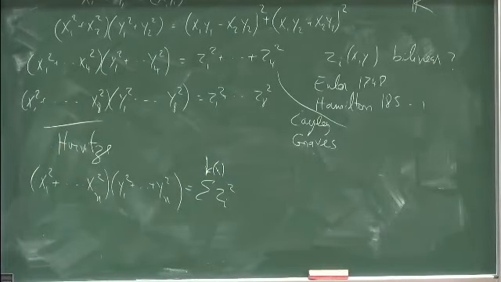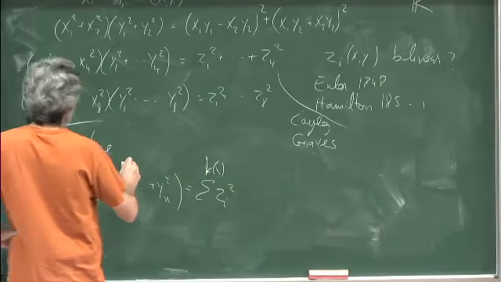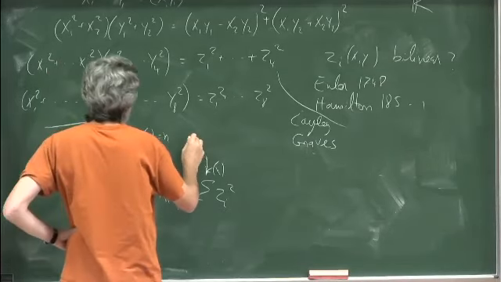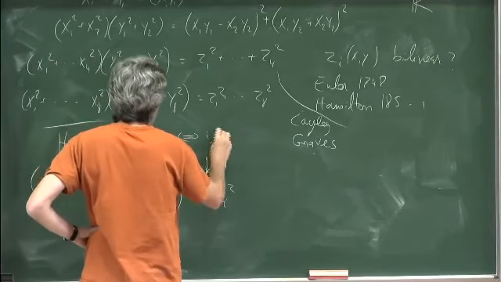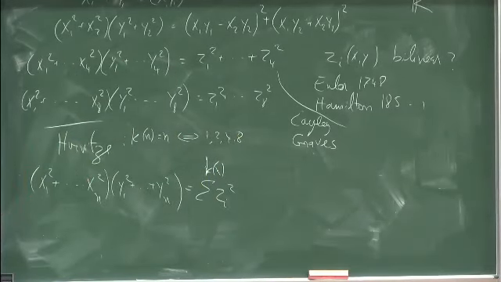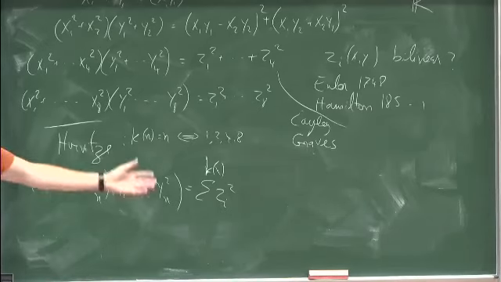What's the smallest k? So what Hurwitz proved is that k of n equals n only if n is 1, 2, 4, and 8. These are the only cases, nothing else. But you can ask, what's the smallest k for which you can do it?